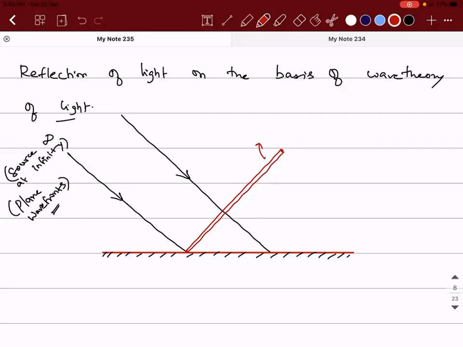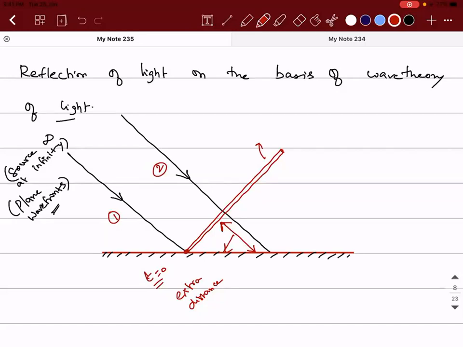If I call this the first ray and this the second ray, then the second ray had to travel some extra distance after the first ray had hit the surface. Take the instant the first ray hits the reflecting surface as t equal to 0.